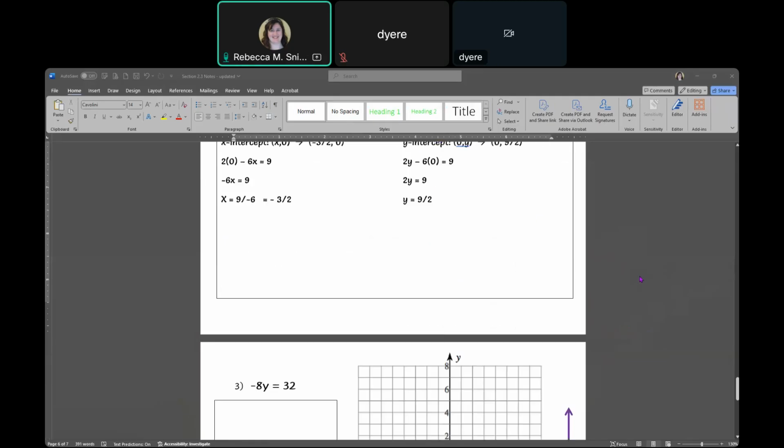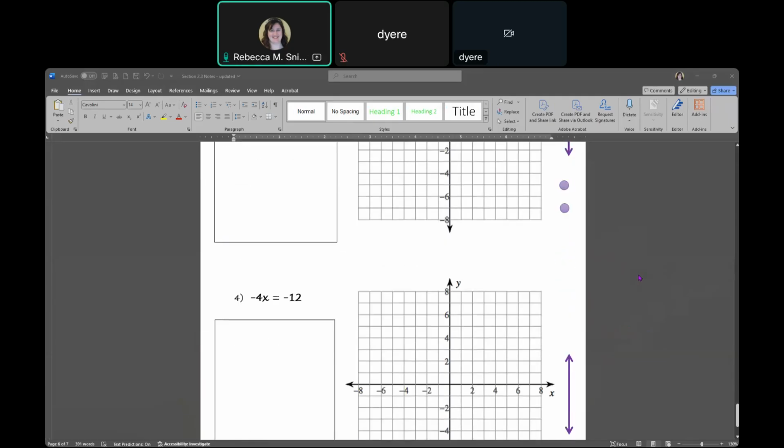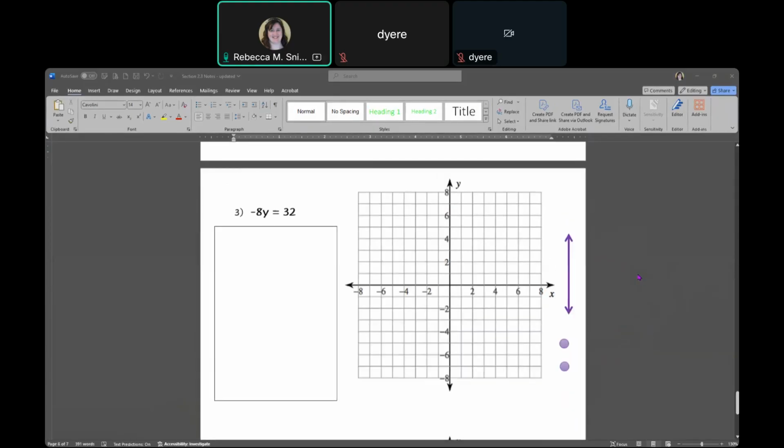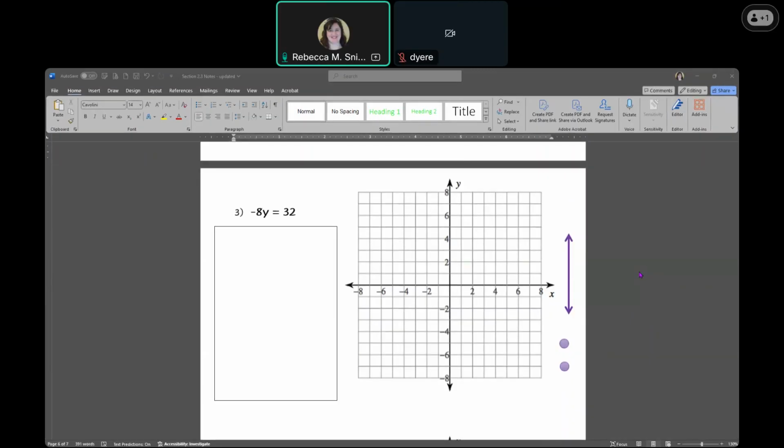The only other 2 examples I have are these. These are the first look at what we're going to talk about on Tuesday, which are the special case kind of ideas that we have. If you look at this equation here, one of the things that you will notice is that this y is the only variable that I have.